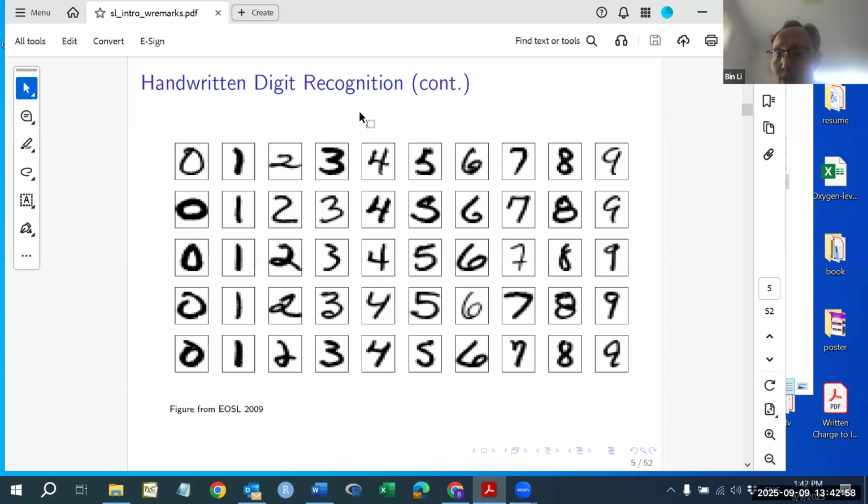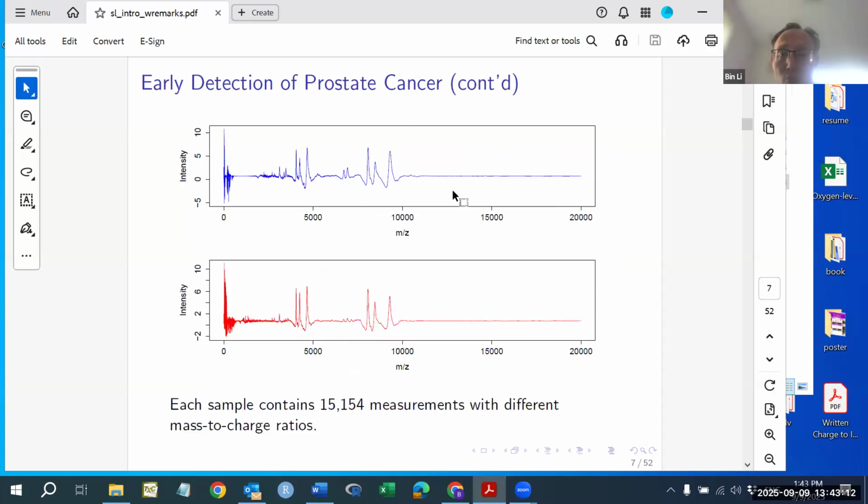That means if a pixel is dark, then the neighboring pixel is most likely also dark. Same thing for this one, we still have very strong correlations. So you can see the variables have high correlations among each other. We have more structure in these data sets, and the dimension is also much larger.